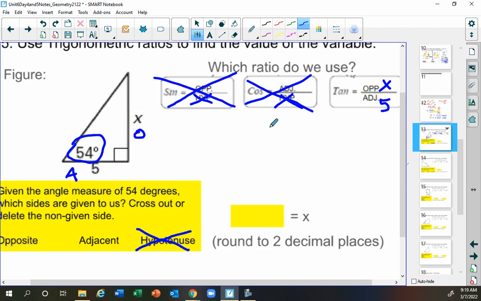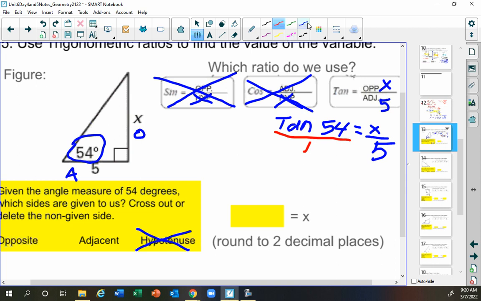So basically we have the tangent of 54 equals x over 5. Now, as always, what do we put under the tangent of 54 to make it look like a ratio? 1. There you go. So tangent of 54 over 1 equals x over 5.